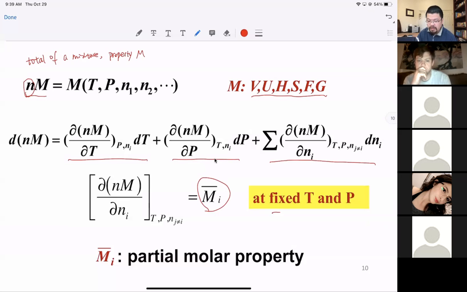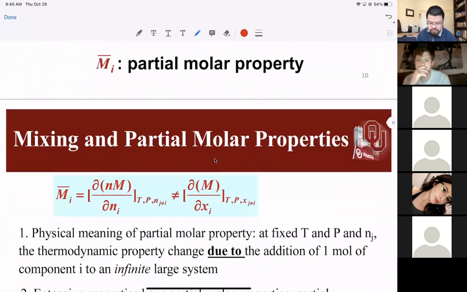We have emphasized that I shall carry out the definition at fixed temperature and pressure. If you have other constraints, then you cannot call this a partial molar property. So the partial molar property has to be calculated at fixed temperature and pressure. That is purely the definition of the partial molar property.